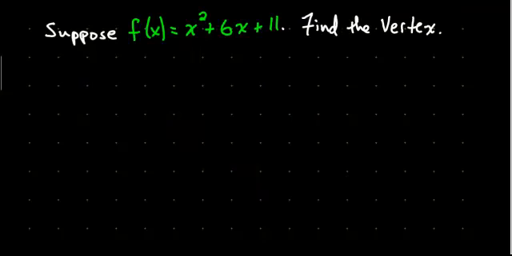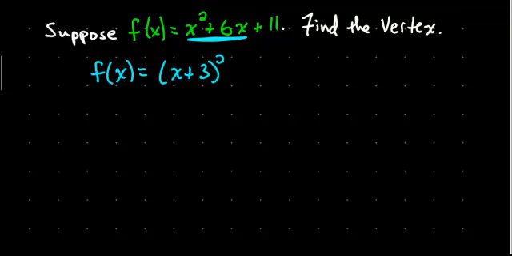Let's move on to the next one. Suppose f of x equals x squared plus 6x plus 11. Find the vertex. Let me show you how to find the vertex on one of these. What you have to do is complete the square on the x squared plus 6x part, the x squared plus bx, whatever that is. So that's going to be x plus, my b is 6, so b over 2 is 3, minus b over 2 squared, so minus 9 plus 11.